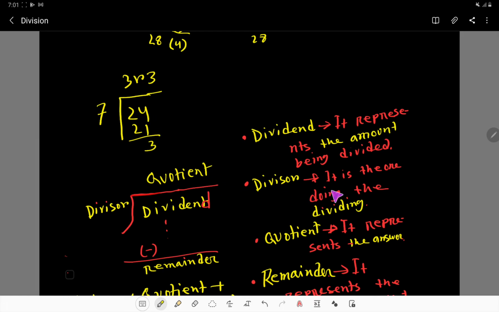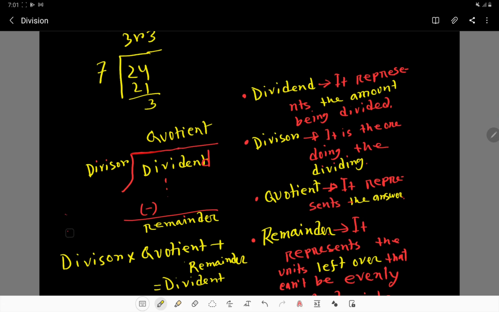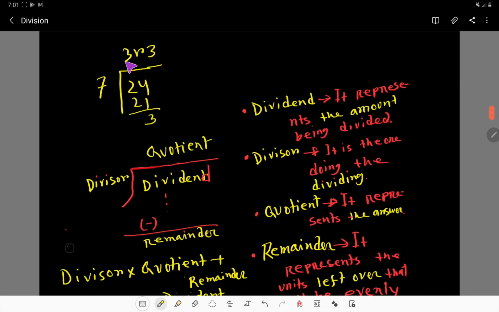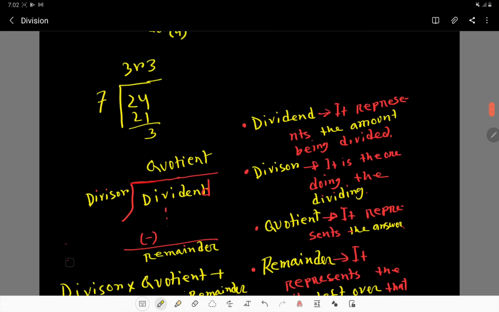The divisor is the one doing the dividing; here the divisor is 7. Then the quotient represents the answer. Here the quotient is 3 and the remainder is 3. It represents the units left over that cannot be evenly divided further. Here 3 is less than 7, so we cannot divide.